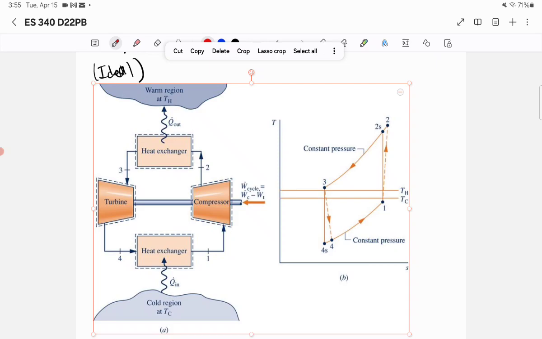This is something that we've been dealing with. In the ideal case, the compressor and, for the Brayton cycle, the turbine, are both isentropic, right? You can see that in the diagram. In the real world case, obviously, that's not true. That's what the dashed lines show: you're not going to get exactly the isentropic process. You're going to get something slightly different, which is where the inefficiencies come in.